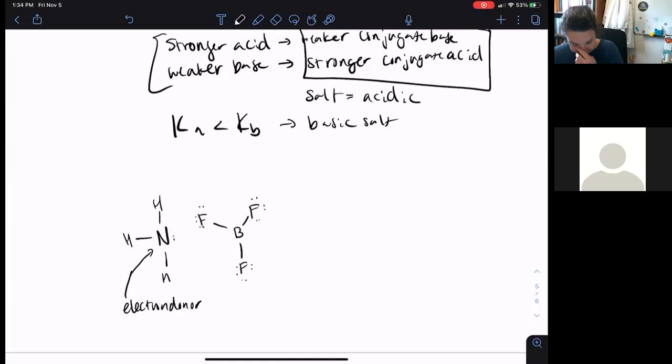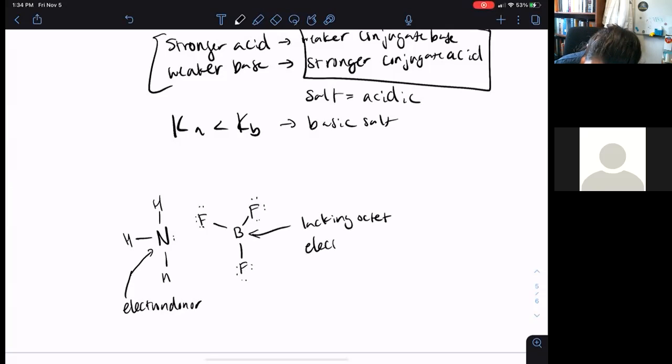On the right side, our central atom is lacking an octet, so it is electron deficient. So this is going to be an electron acceptor.